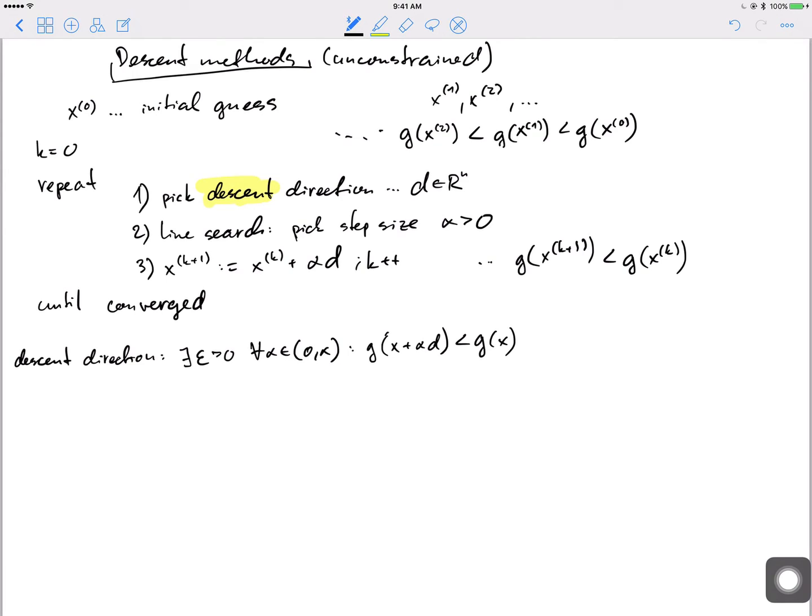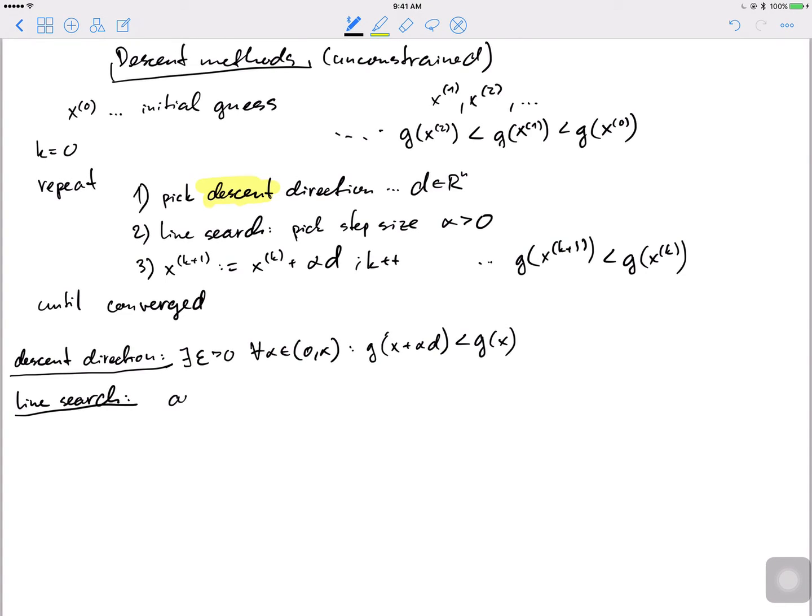So this is the definition of what a descent direction is, but this is not very useful for determining what directions are actually descent directions. But it's actually not so hard to think about good descent directions, and that is intertwined with the problem of what the line search is. So let me talk about how the descent direction needs to work well in line search.